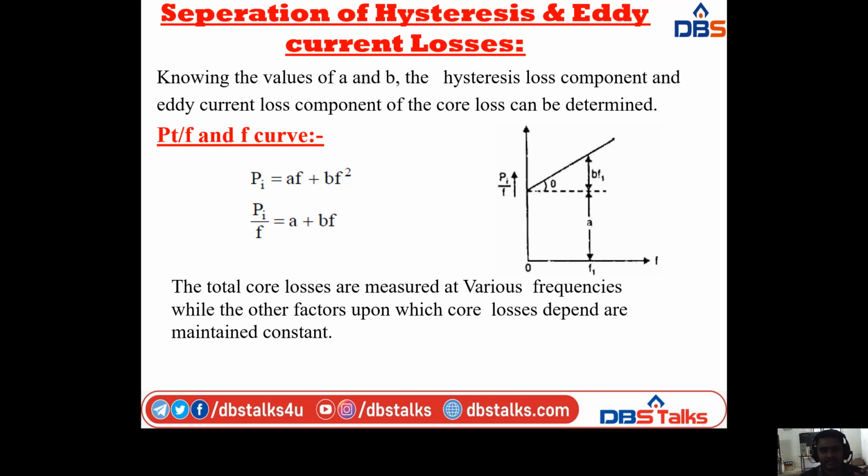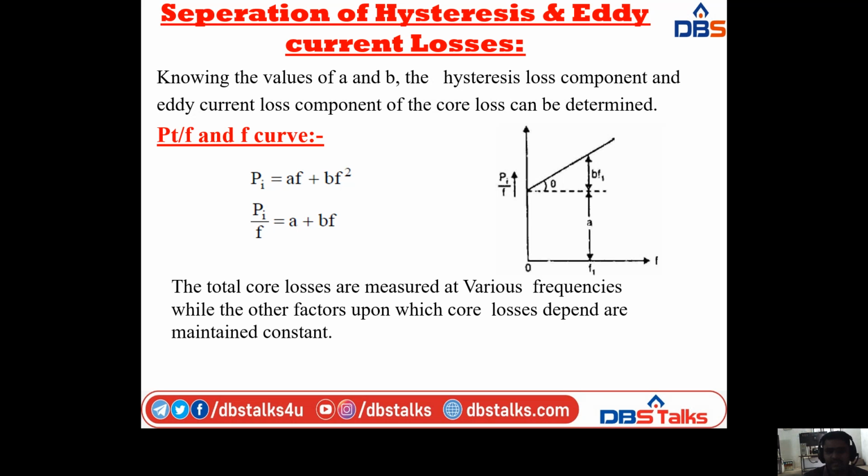Further on, I am taking the Pi by F versus F curves. Here I have shown one characteristic diagram, drawn between iron losses divided by frequency and frequency. Actually we have two curves.